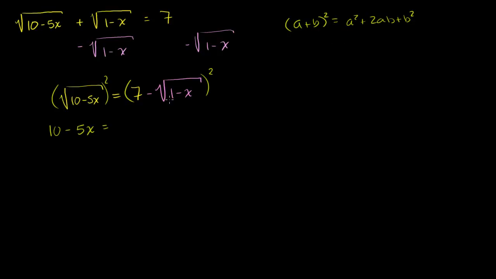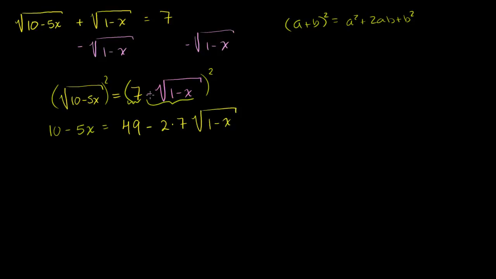Now, this is just the same situation where a is 7 and our b is negative the square root of 1 minus x. So if we multiply this out, this is going to be 7 squared, which is 49. And then plus 2 times 7 times this. So this is a negative right here, so it's going to be minus 2 times 7 times the square root of 1 minus x.